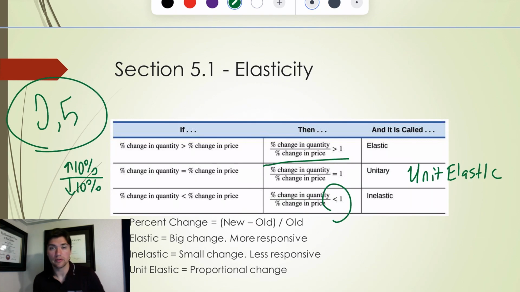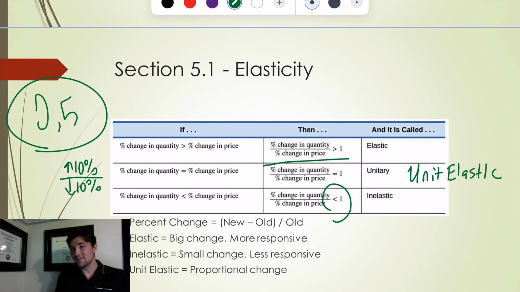That way you won't get confused about is it less than 1 or greater than 1. So always take the absolute value when you're doing elasticity, because when you do that, you turn a negative 0.5 into 0.5. And now you can see, is 0.5 elastic or inelastic? And it's going to be inelastic.